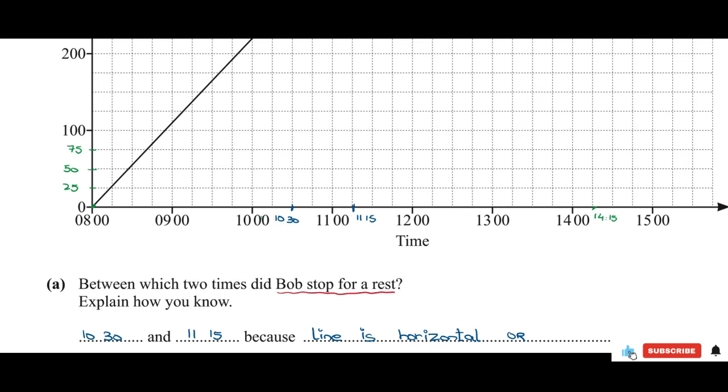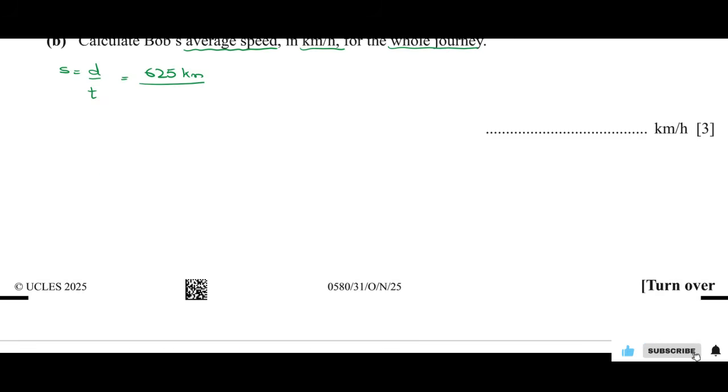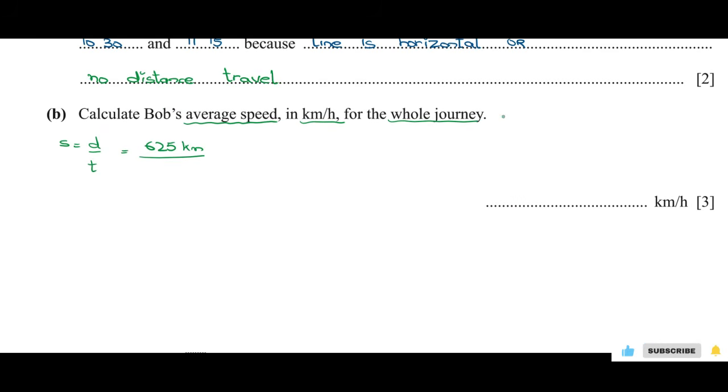So this is 1 hour, 2 hours, 3, 4, 5, 6 hours. So it will take 6 hours and 15 minutes. We can deal with the time separately over here. So the time is 6 hours and 15 minutes.